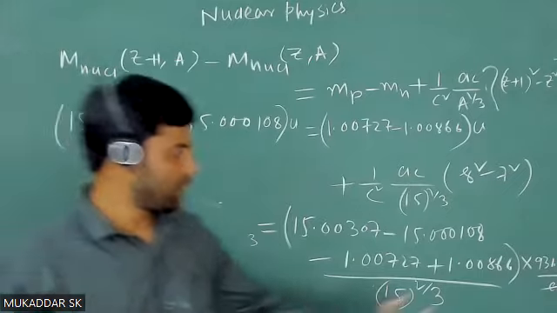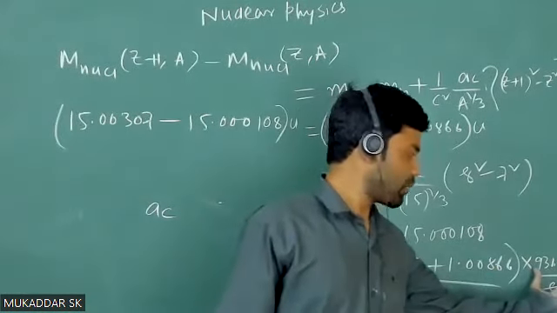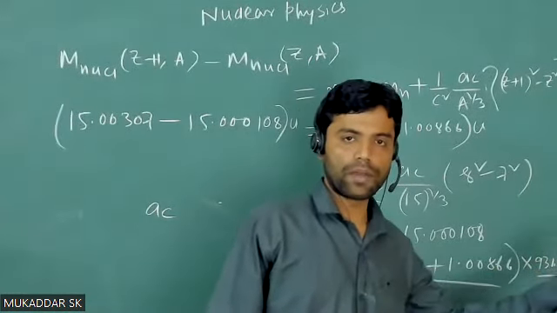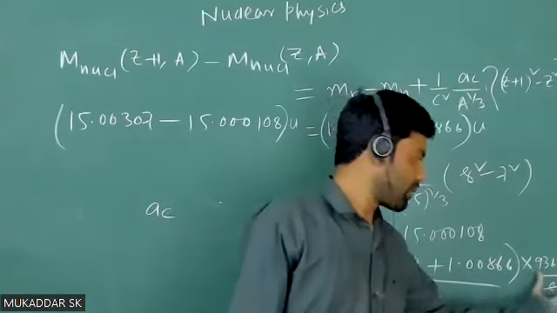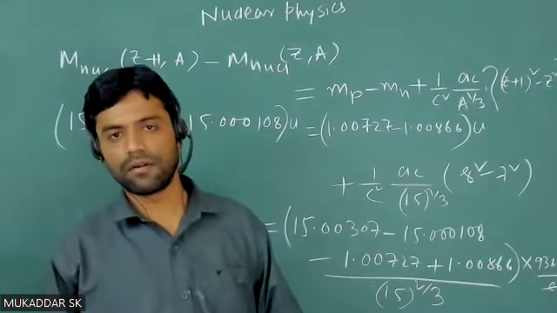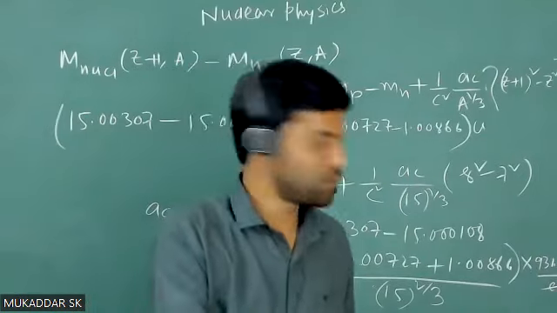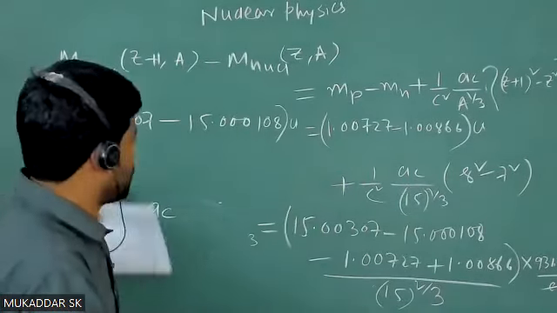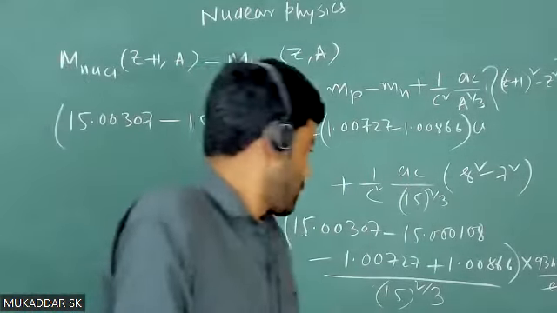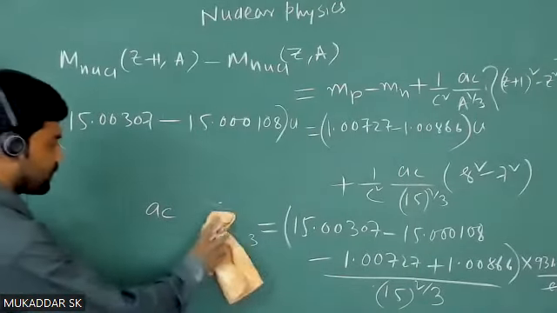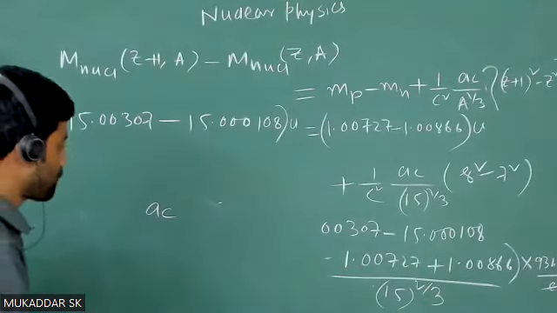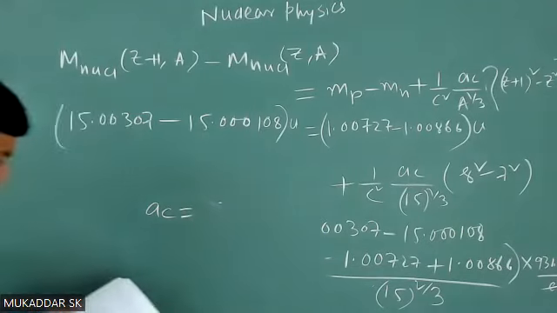So please keep in mind, when you have an atomic mass unit, if you are converting to mega electron volt, you have to multiply by 931.5, and then you will get MeV per C square. That C square basically cancelled because left hand side में 1 by C square. So at the end you will get this unit or this value, that will be कितना आ रहा है, check करो.